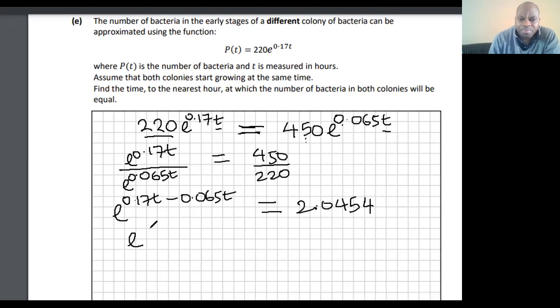So that is 0.105t equals to 2.0454. So all you need to do is just take away this guy from this guy, and then we are having this. So that's all.